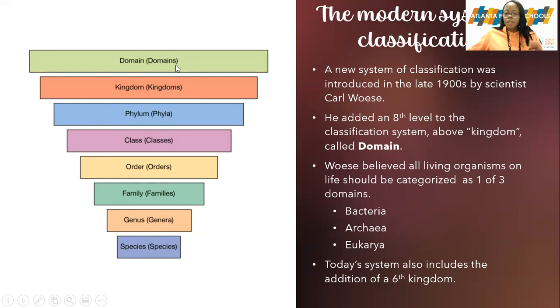So I just want to briefly state what each of those 3 right here are. Bacteria, we know those are our single-celled bacteria that we find in the environment and the world around us. Archaea, as we go further down this list, it gets a little bit more complex. Now, archaea are also single-celled organisms like bacteria.